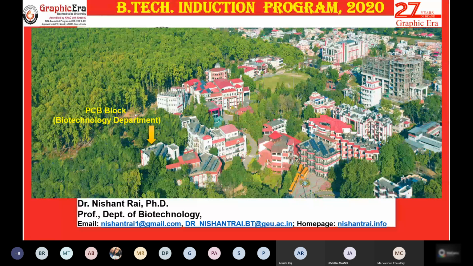So this is an eagle eye view of the university, and you can see this building. This is known as the PCB block, physics, chemistry, biotechnology block, and the ground floor is food technology, and the top floor is the biotechnology department, right? This is the Chanakya block, and this is the canteen where you will enjoy a cup of tea.